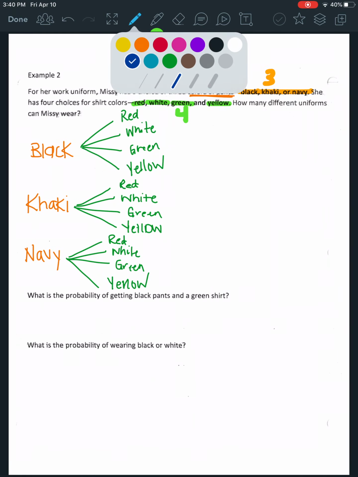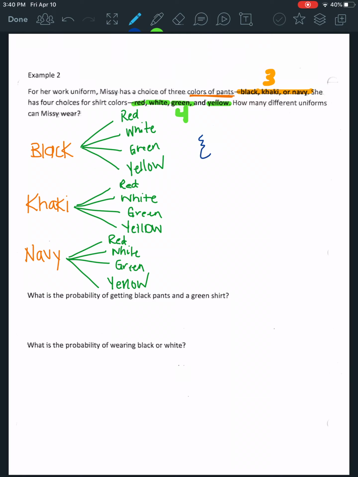We can list out our sample space. Again, we use these little squiggly parentheses. A lot of times sample spaces you see abbreviated. So instead of writing out black pants, red shirt, we put BR. Black pants, red shirt, black pants, white shirt, black pants, green shirt, black pants, yellow shirt.